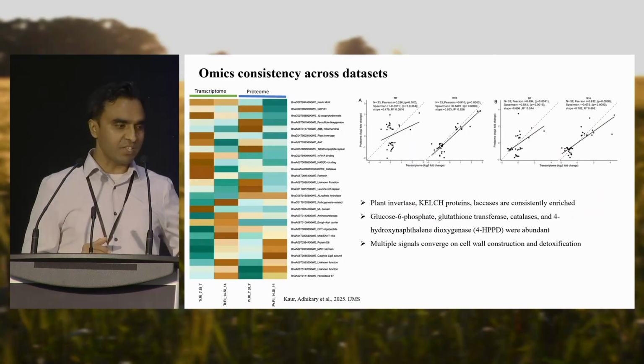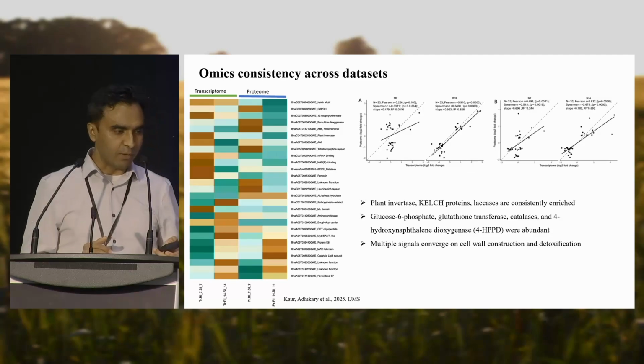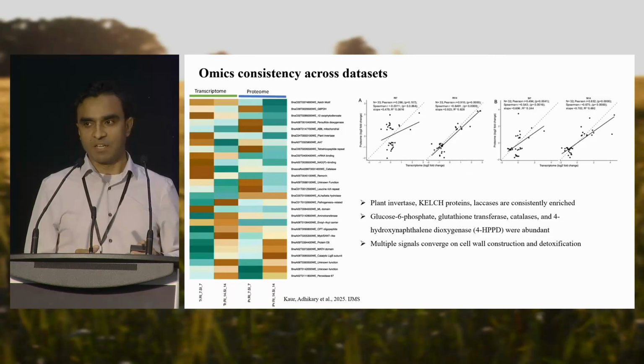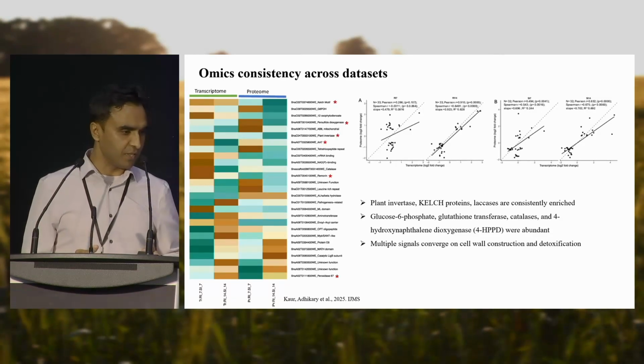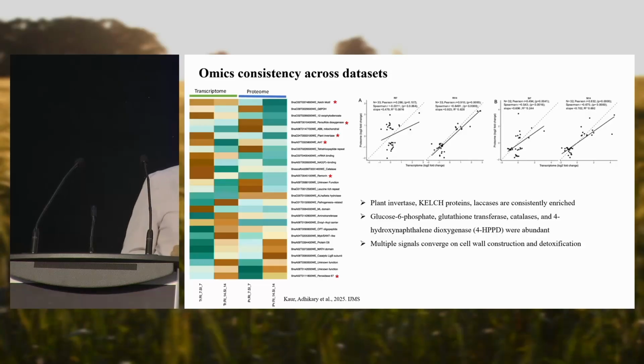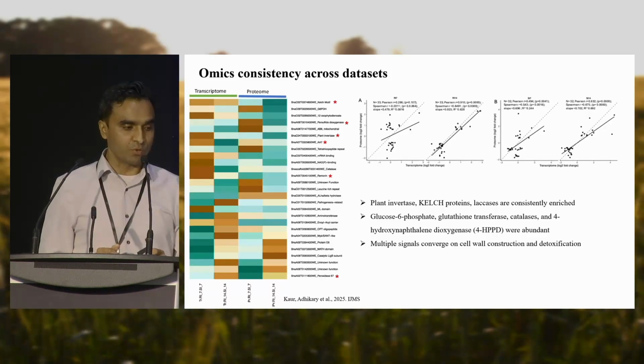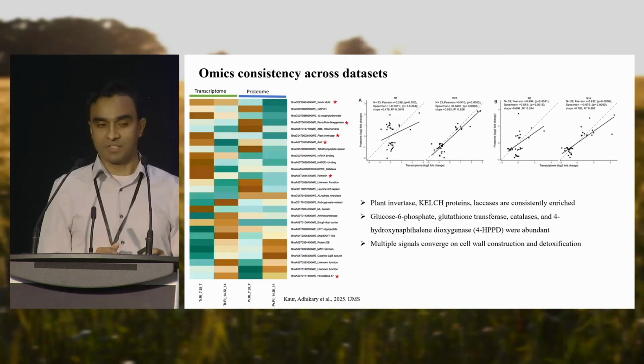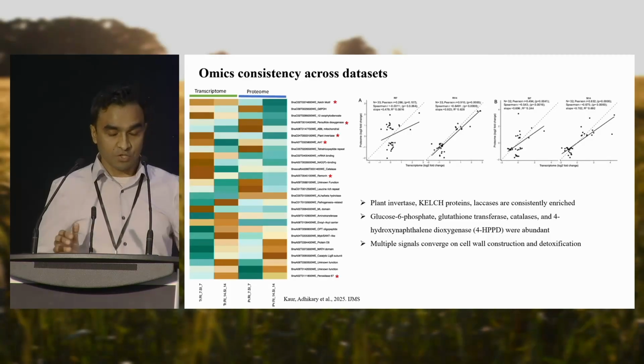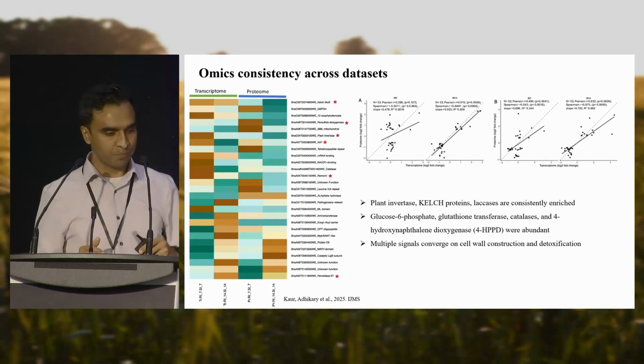We combined the transcriptome and the proteome, and we saw quite a few genes involved in the process. Here, you can see Kelch motif, peroxidases. There are remorins, which are also involved with the cell wall biosynthesis process, highly upregulated, and they're consistent between the transcriptome and the proteome.